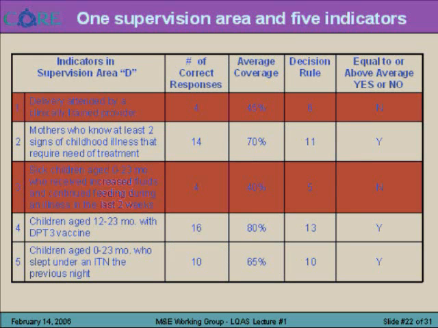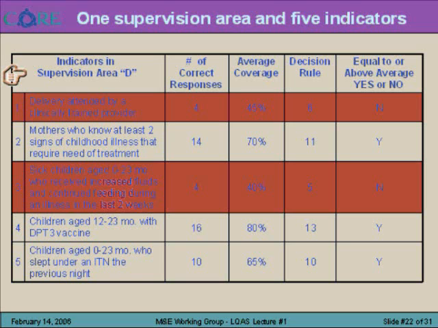The same analysis can be done for as many indicators as we want to calculate, as long as we have collected the required data for their calculation. This summary table shows 5 indicators used by our project in one supervision area, supervision area D. For this particular example, this project includes interventions like maternal and newborn care, case management of diarrhea and ARI cases, immunization, and malaria control.